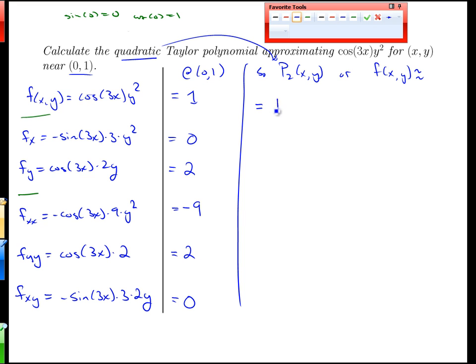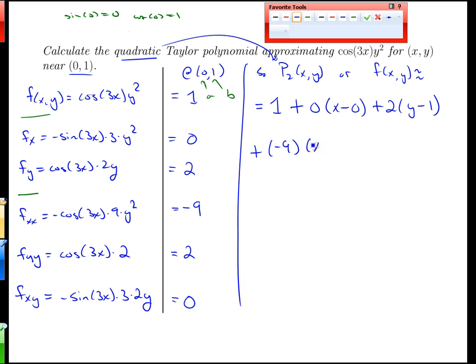So it's the function value plus 0 times x minus, what are a and b here? That's our a, that's our b, the point at which we are considering the approximation. And then we have the y derivative, that's 2 times y minus 1, plus all the second derivative stuff.